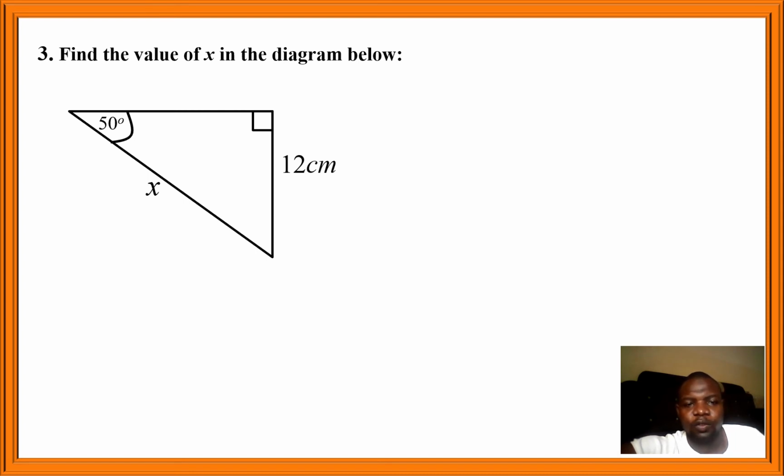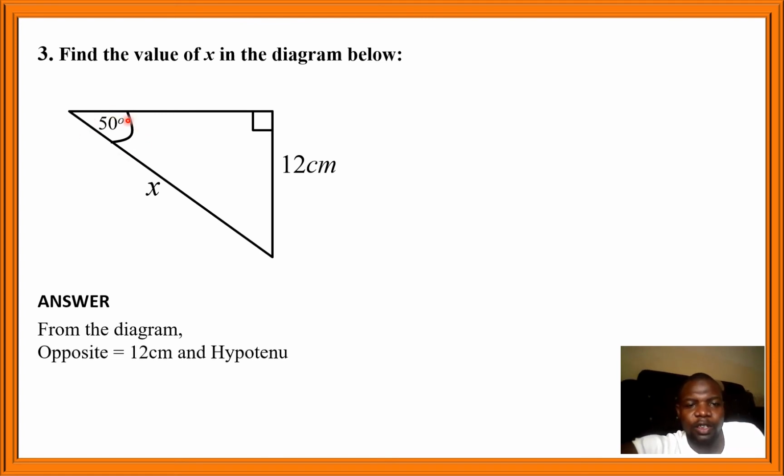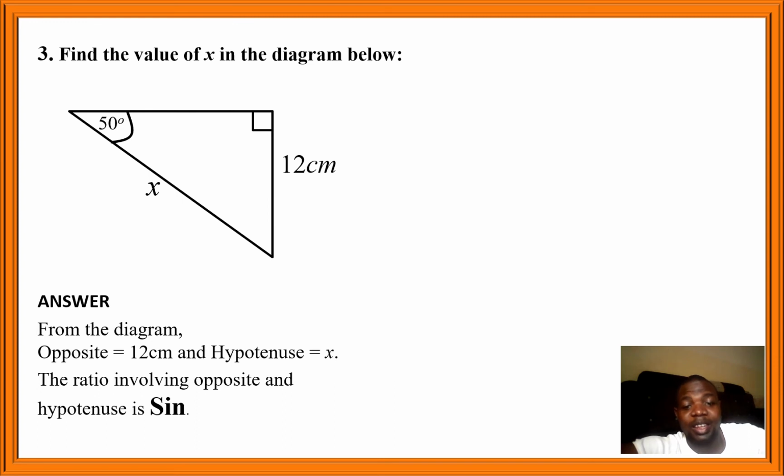To find the value of x, with respect to the angle 50 degrees here, 12 centimeters becomes the opposite, then x here becomes our hypotenuse, and the only ratio involving opposite and hypotenuse is sine.